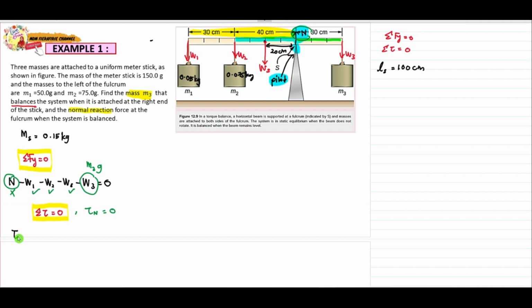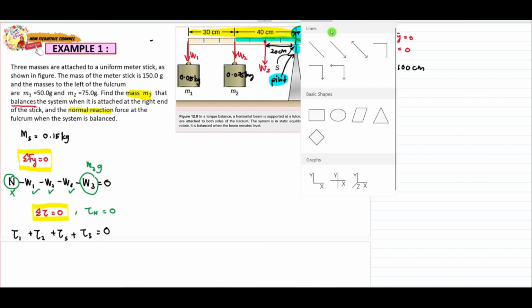We have torque 1 plus torque 2, because this is the total torque, we add everything. Torque 1 plus torque 2 plus torque due to the weight of the stick plus torque 3 is equal to 0. Okay, I am only writing it first. We don't know whether torque 1, torque 2, torque 3 and torque S are positive or negative.